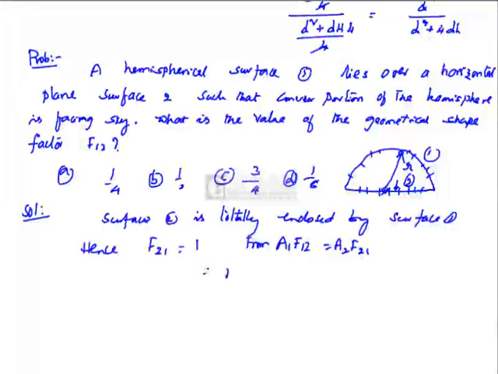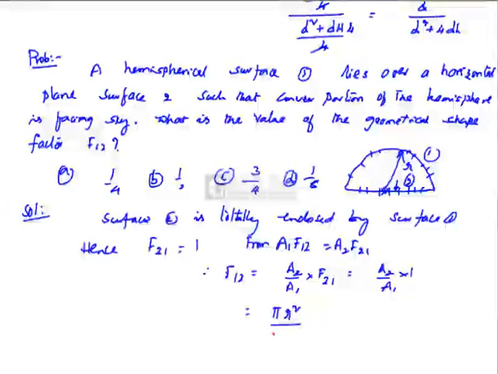Therefore, F12 is equal to A2 by A1 into F21, that is A2 by A1 into 1. What is A2? Pi r square. What is A1? 2 pi r square, that is the surface area of the hemisphere. Answer is 1 by 2, option B.